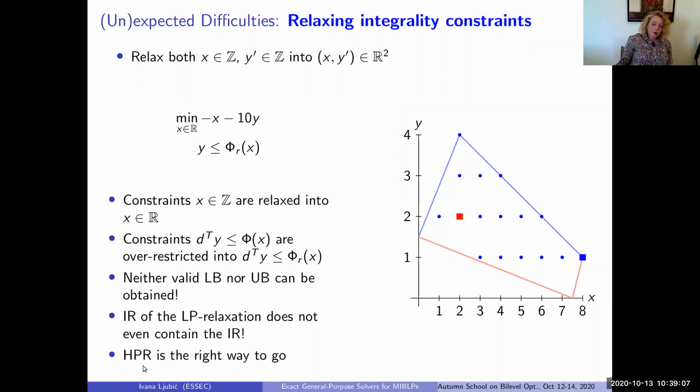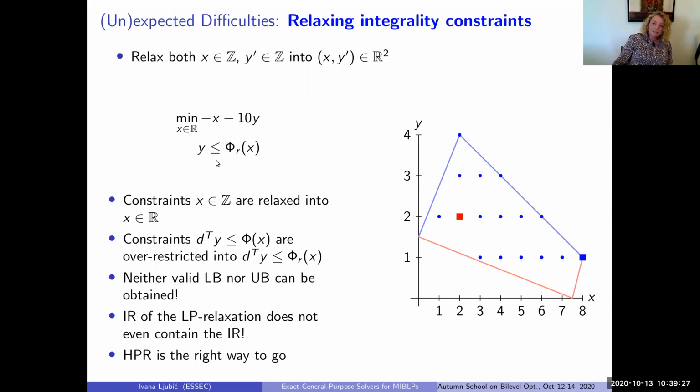A little bit more of intuition behind this is that if you rewrite the problem using the value function reformulation, on one hand, you are relaxing the constraints in the space of X variables because you're allowing more.